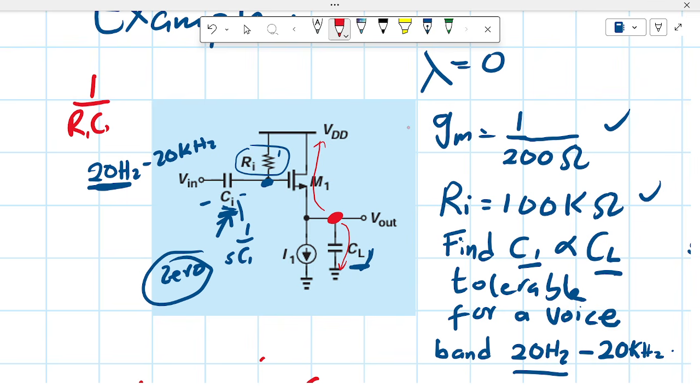But you need to find out whether it's going to be a pole or a zero, depending on the behavior of the circuit. Now, if a low frequency signal is coming in from this side to the node, a low frequency signal will mean there will be an open circuit here. What about a high frequency signal?